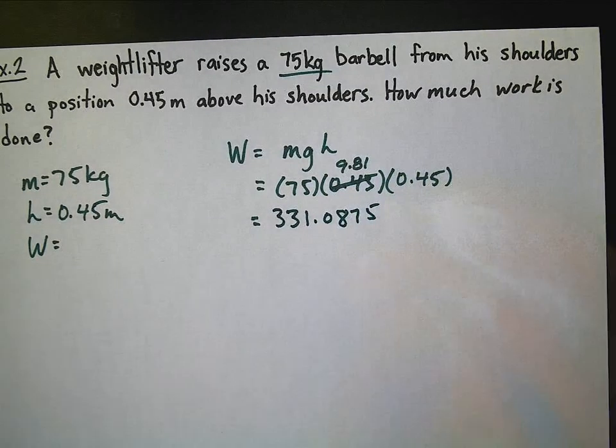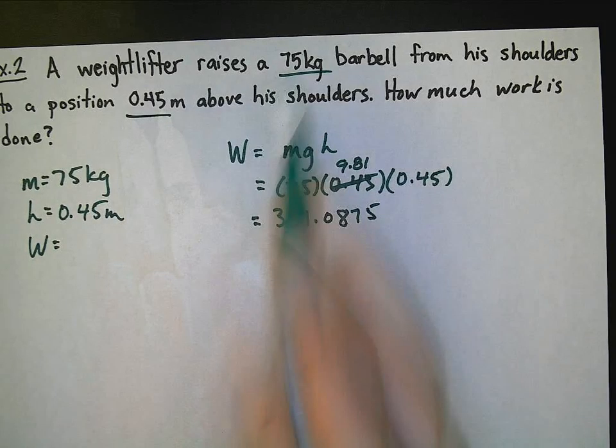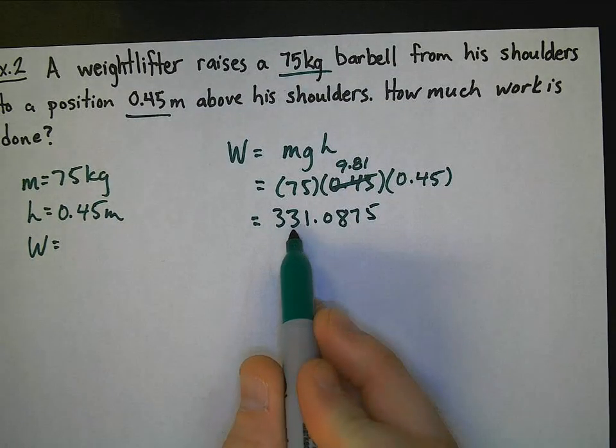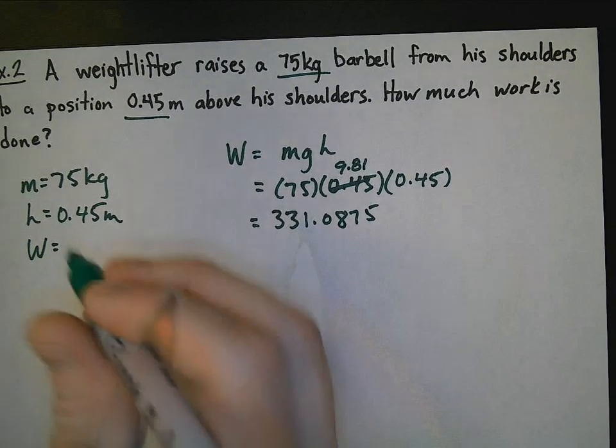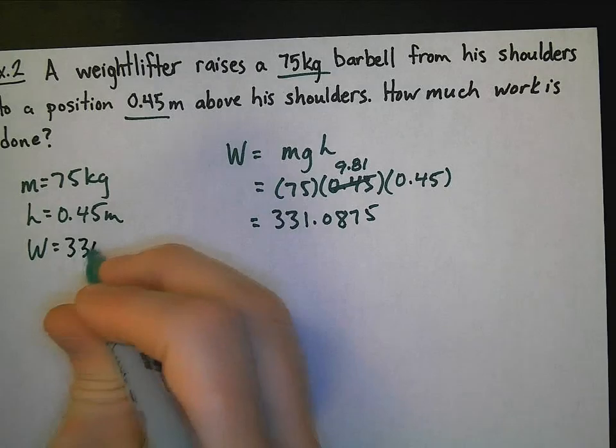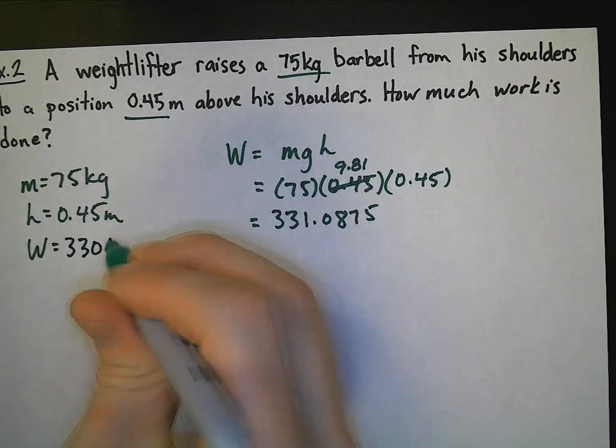And let's look quickly again. Two significant digits each time. We have to figure out, is 331 closer to 330 or 340? In this case, 330 joules of work is done.